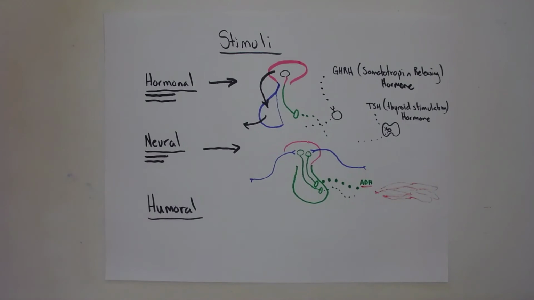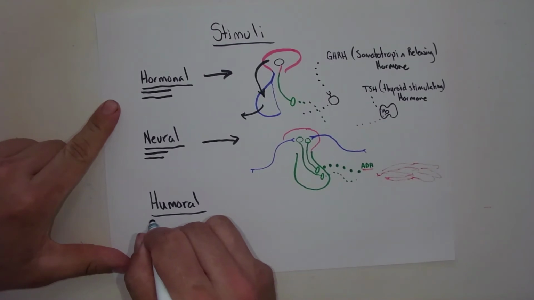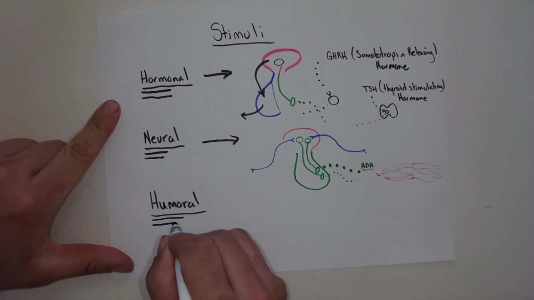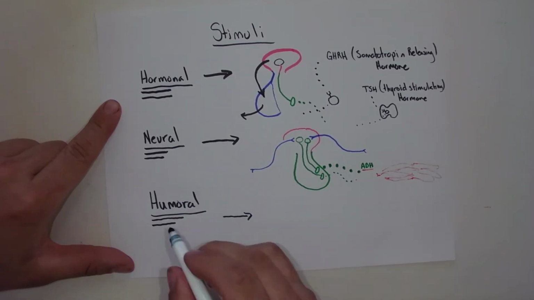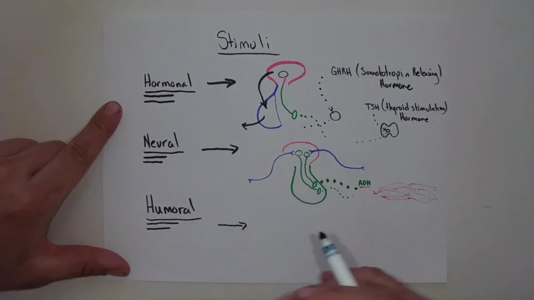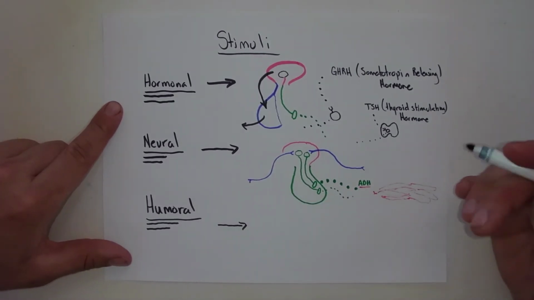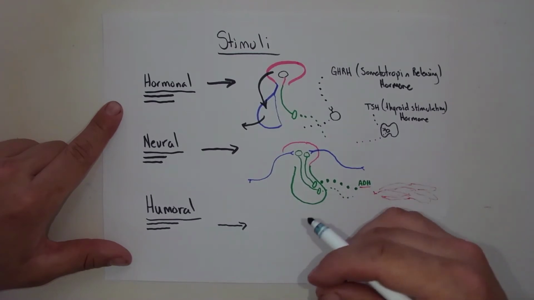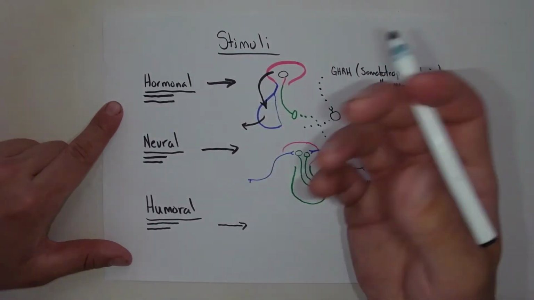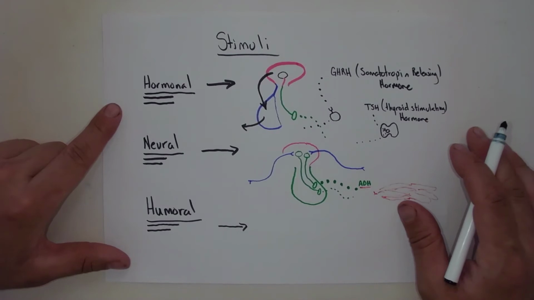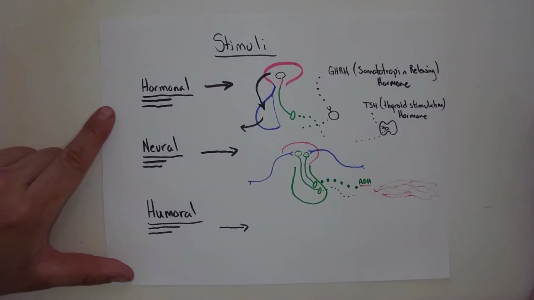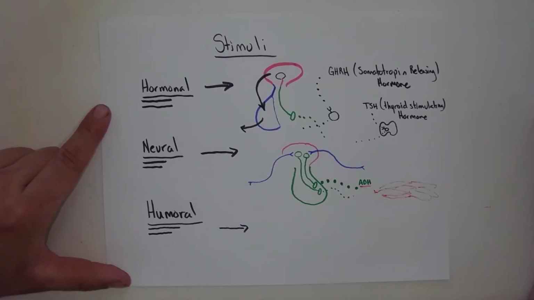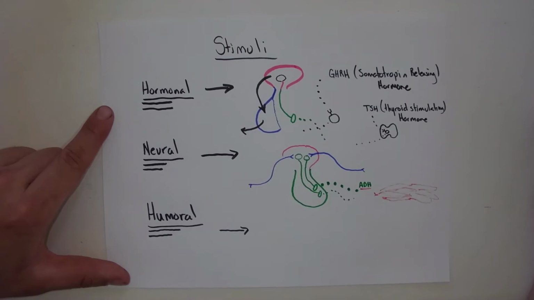Now, humoral stimuli is the harder one to understand. And you got to loosen your shoulders a little bit and understand the origins of this word. This kind of harks back to the days of alchemy, to days of the homunculus, to days of trying to create gold by chemical reactions, or what later became known as brass, basically mixing zinc and copper together, and then selling it as if it were gold.